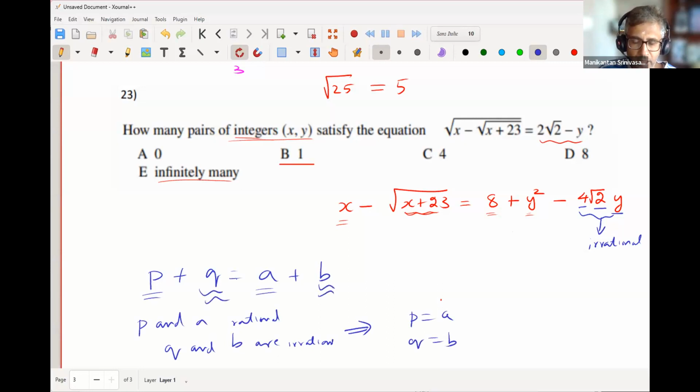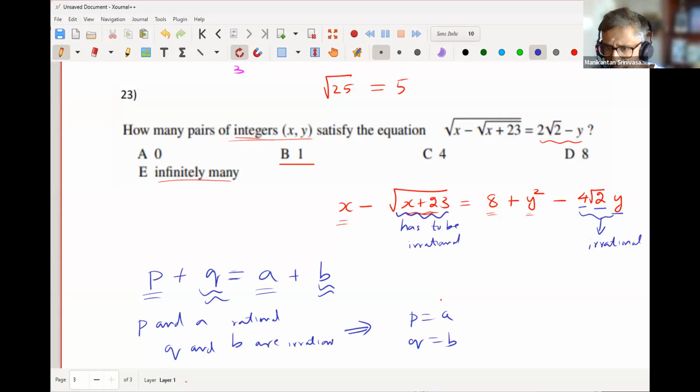So if P plus Q has to be A plus B, then we must match the rational and irrational portions separately. Therefore, the only way this equality will hold is if this quantity also is irrational and matches the 4 root 2 y, because 4 root 2 y is the only thing we can be sure is irrational, other than the obvious case of y being 0. So to match that, square root of x plus 23 must be irrational as well.